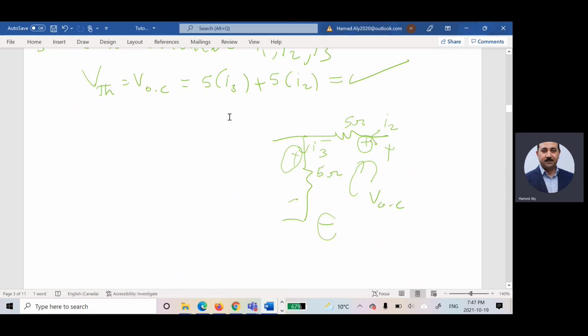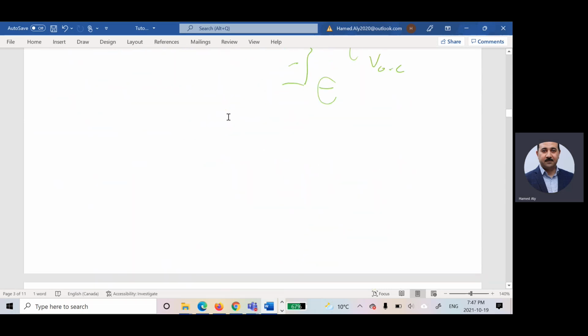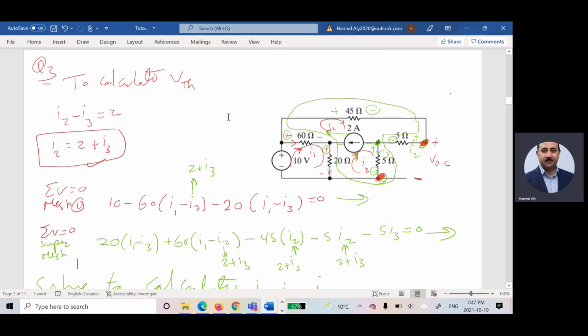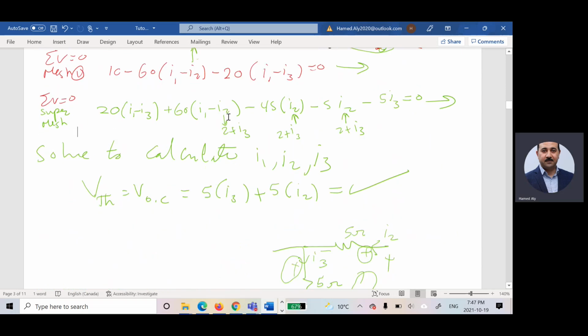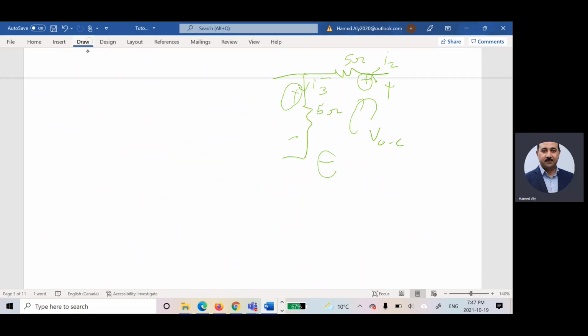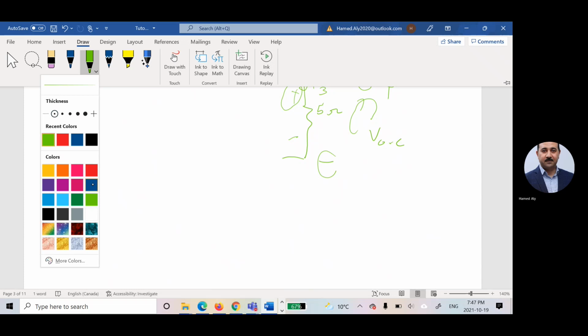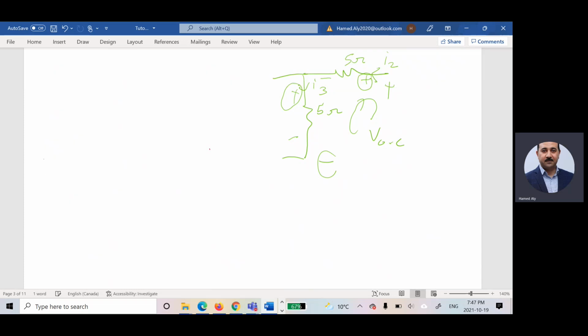Let me talk about the last part, which is how to calculate R Thevenin. To calculate R Thevenin, I will redraw the circuit again, which is this circuit.